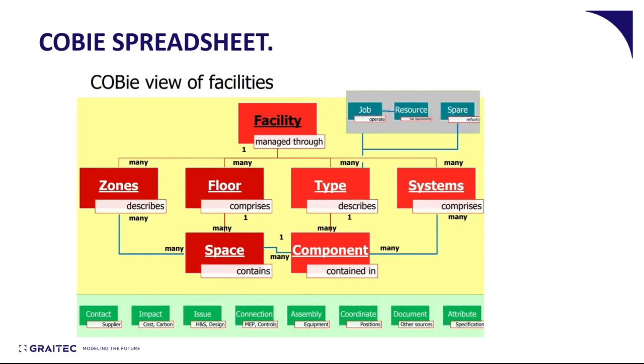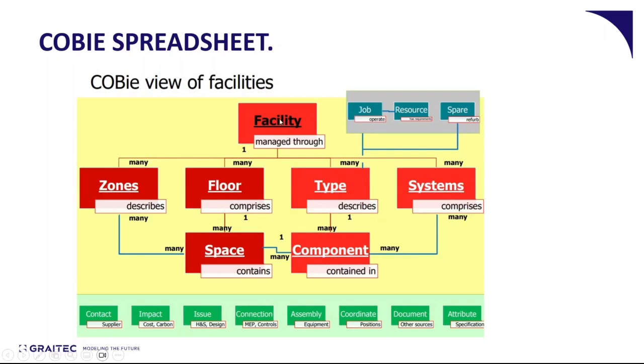So typically, the information is presented in a standardized format. So information about the facility would be managed through many zones, which describe many spaces, and within those spaces they would contain many components.